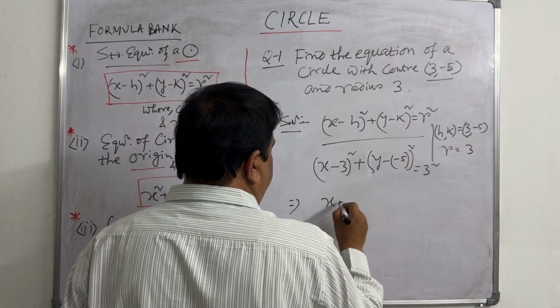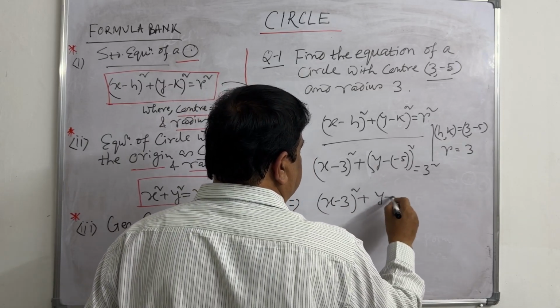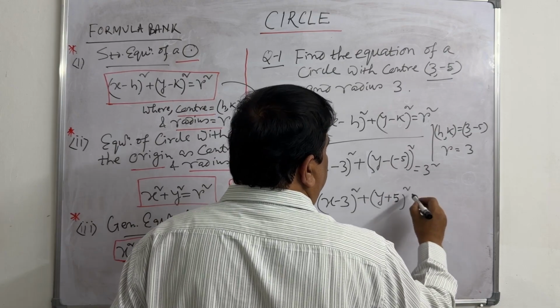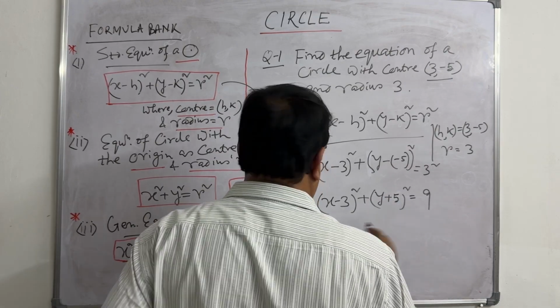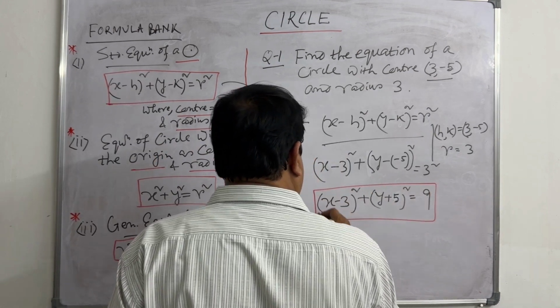So x minus 3 whole square plus y plus 5 whole square, that is equal to 9. So this is the equation of the circle.